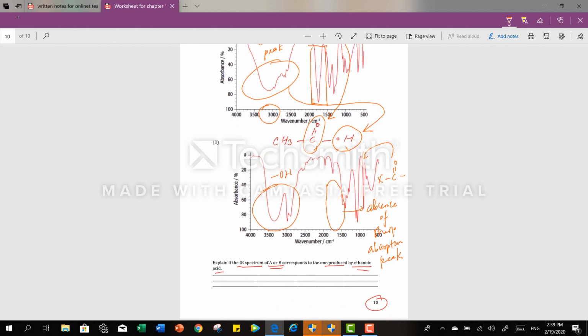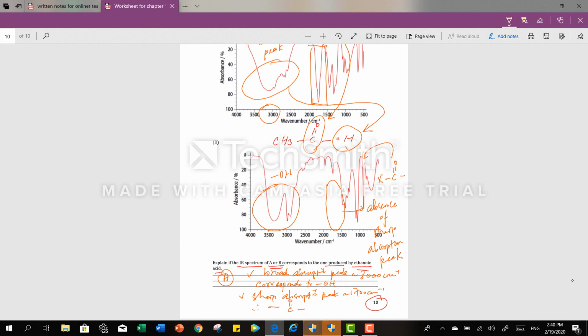Then when you try to put the answer together, you can say, of course, the answer is A, because it contains a broad absorption peak at around 3000 cm-1, which corresponds to the OH group, and it has a sharp absorption peak at around 1700, which corresponds to C=O.